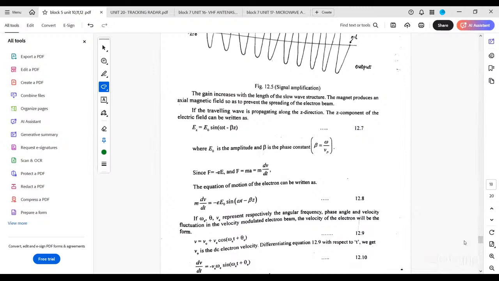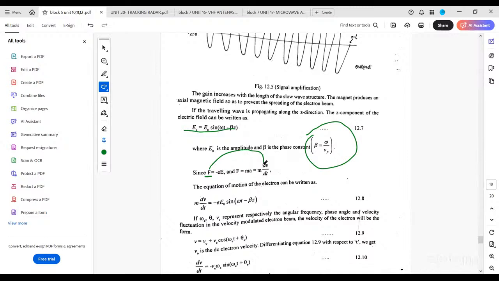Taking signal along Z component, what is the equation we have? Ez equal to E naught sin omega t minus beta Z. Here beta is taken as omega by Vp. LHS part. F equal to m dv by dt we have.